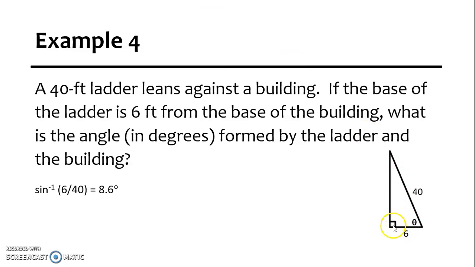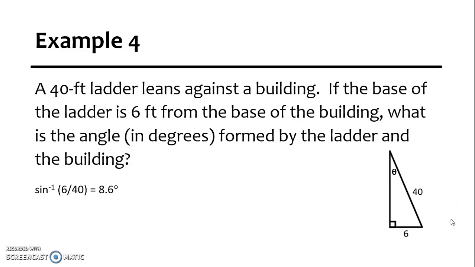Okay, so this vertical line represents the building, this diagonal line represents the ladder, and this horizontal line represents the ground. So I have a 40-foot tall ladder. I have the 6 feet from the base of the building, and they want the angle formed by the ladder and the building. So this theta belongs up here, the angle formed by the ladder, which is the diagonal line, and the building.